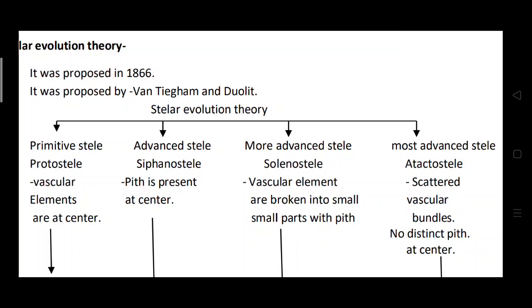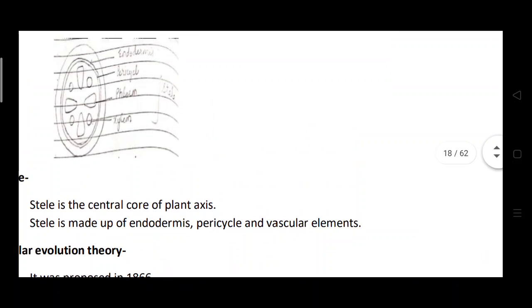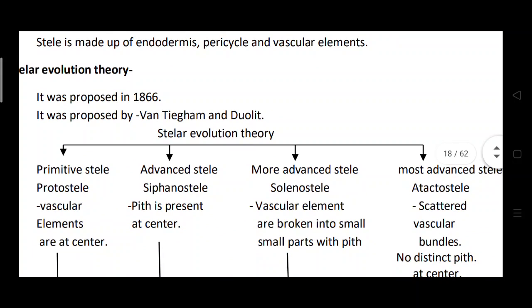In siphonostele, the pith is present at the center. In the first figure, you see the endodermis, pericycle, then phloem and xylem, and at the center the pith is present.